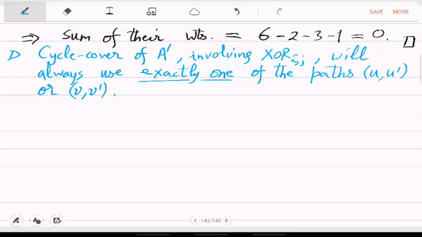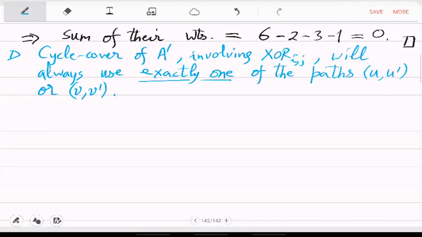So that is a good thing, which means that in the big picture cycle cover, this XOR gadget is forcing something on the variable gadget or clause gadget. This is forcing some cycle cover information on one of those.